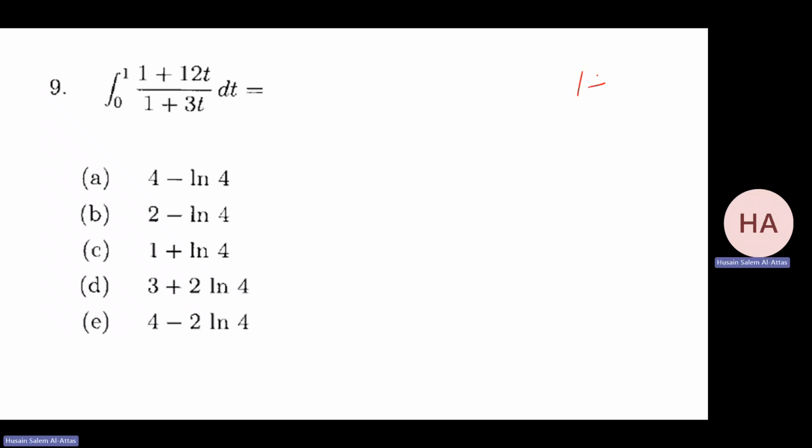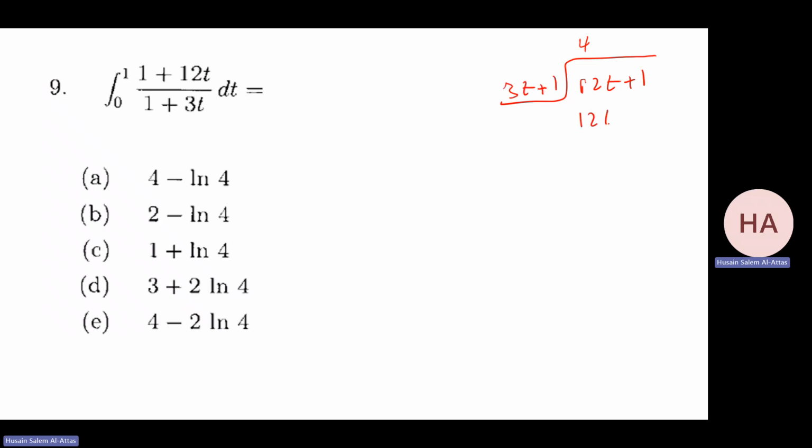You can do it by long division. 1 plus 3t. So I divide this by this. So I have 4. Let me write it. 12t over 3t plus 1.